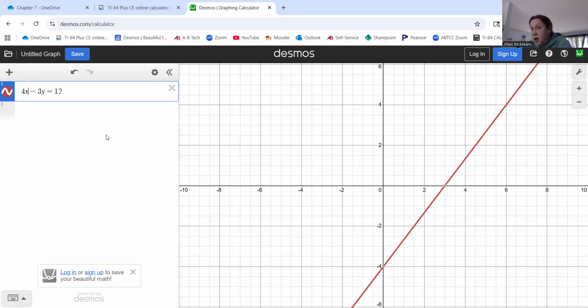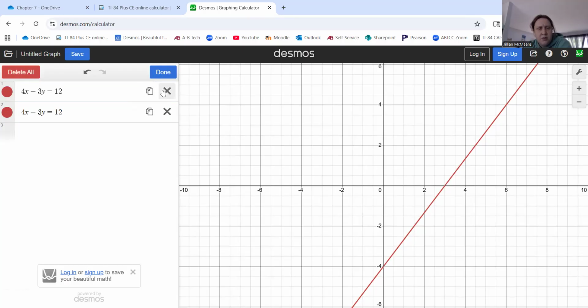Remember, if you want to pull up a table of values, that's really easy to do. You type in your equation, and then above where you type in your equations, we have that little settings cog. So click that, and oh, is it not going to let me do it?